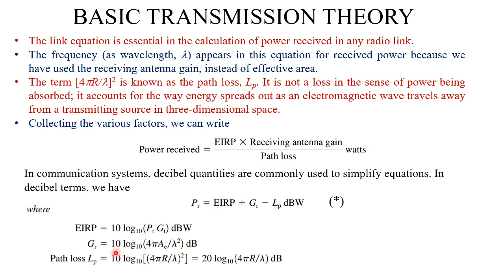Path loss, the basic equation is 4 pi R by lambda whole square, but in decibel unit we have to take the logarithm and then multiply it with 10. So since there is a square, it becomes 20 log to the base 10 of 4 pi R by lambda dB. So this is the basic link equation.